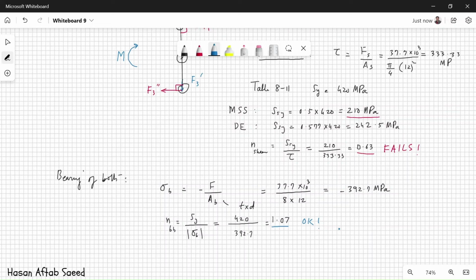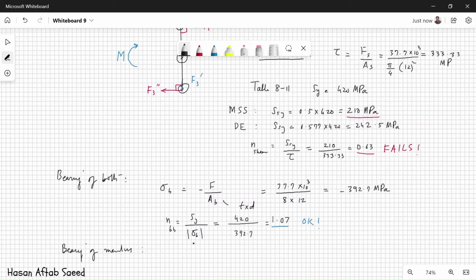Let us see. For the bearing of members, sigma b is the same. The only difference is that the member strength now is different.